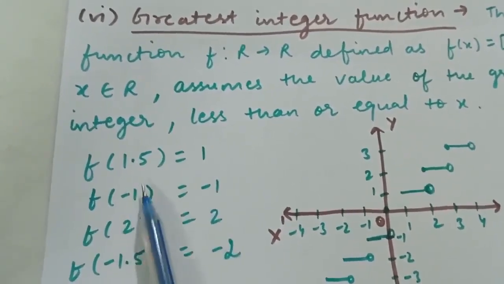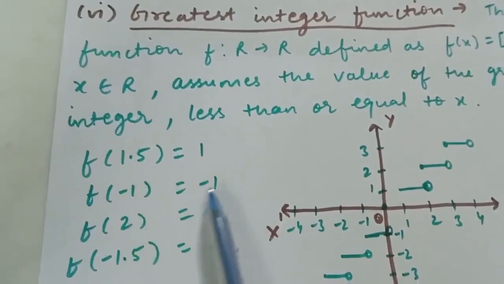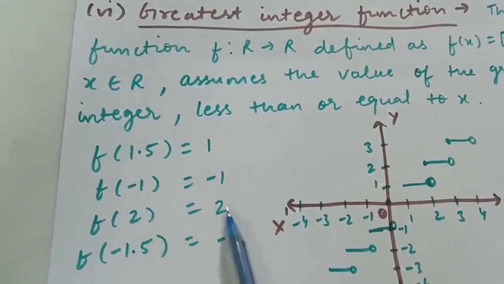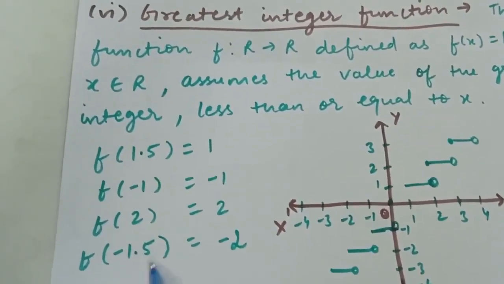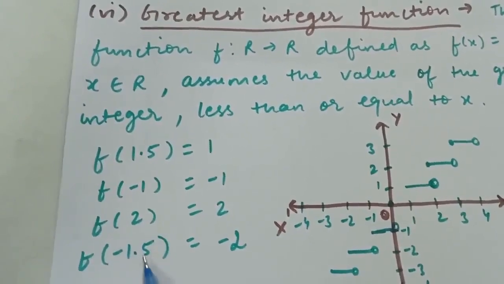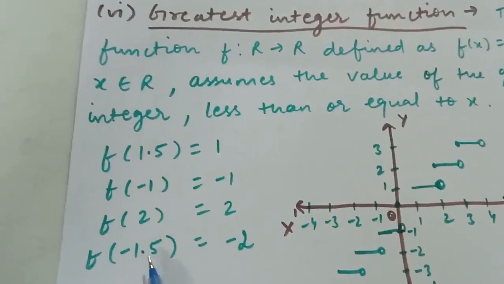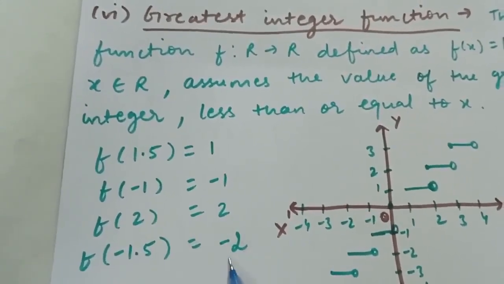Similarly, f(-1): since minus 1 is an integer, the answer will be minus 1. f(2): 2 is an integer, so 2 itself will come. Now f(-1.5): as minus 1.5 is not an integer, the greatest integer less than this number will come. So the greatest integer less than minus 1.5 is minus 2.